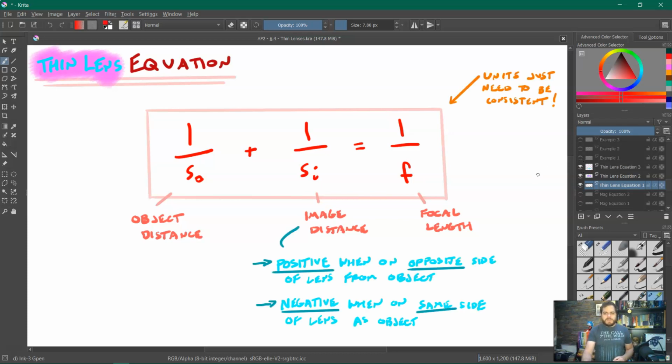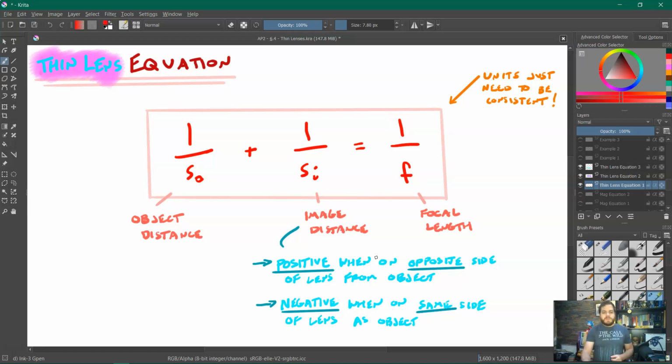Now the one big key difference here, and this is something we got to get used to, is that the object distance will always be positive. However, when we look at images from mirrors and from lenses, for mirrors, it was a real image if it was in front of the mirror, basically near the object. For a lens, it is a real image if it is on the opposite side of the lens from the object, because the light rays are going through the lens, they're not reflecting off of it.